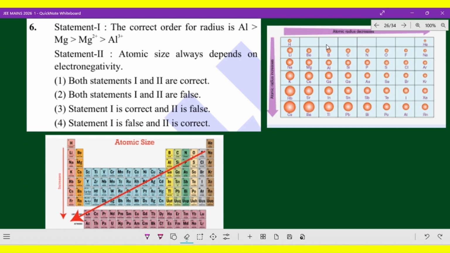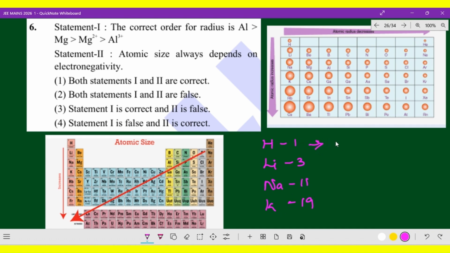This picture shows it very clearly. Hydrogen has atomic number 1, lithium 3, sodium 11, potassium 19, then rubidium, cesium, francium.